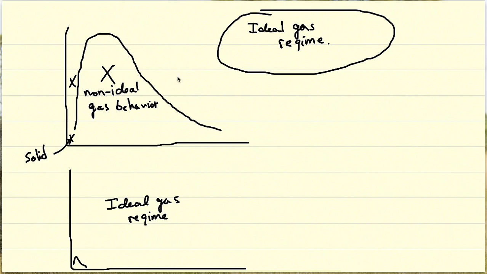So now let's suppose that we're right in this region here. Let's suppose that we're a saturated vapor, or we're kind of in this region that's close to the two-phase region. Well, here, it's very, very approximate. So it's not perfectly ideal gas behavior, but a reasonable approximation.